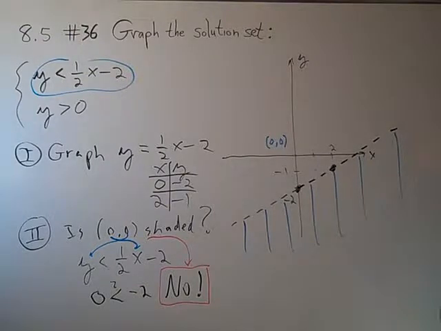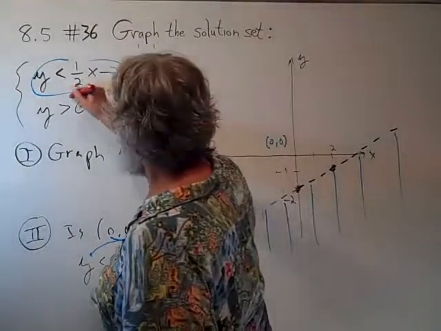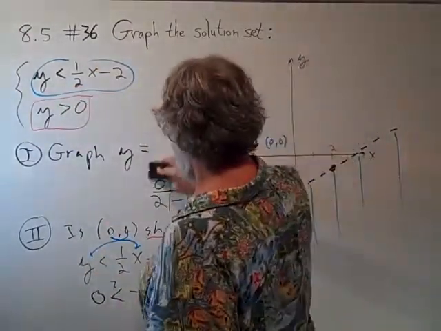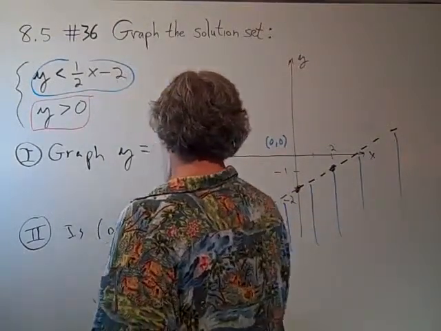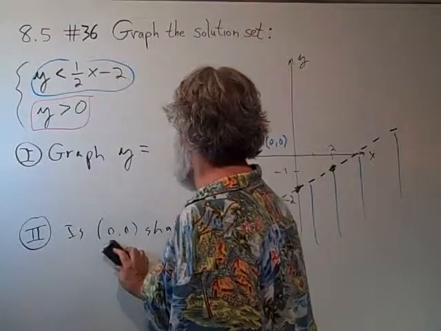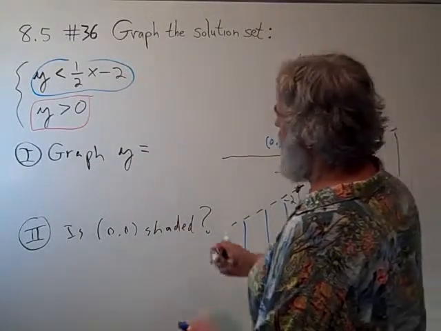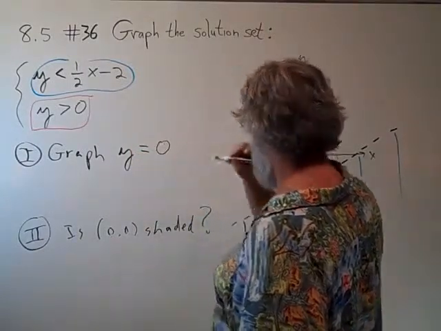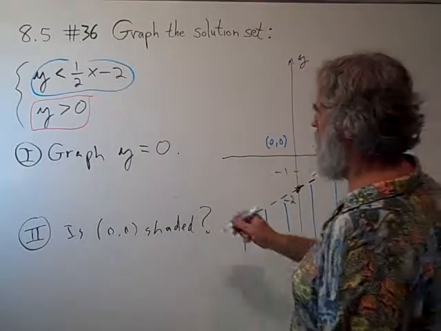Okay. Now for our second inequality, the inequality y greater than 0. Again, we can break this up into a two-step process if we wish. The same two-step process. So we begin by asking, we need to graph the line y equals 0, the boundary line. Now, y equals 0 is a horizontal line.